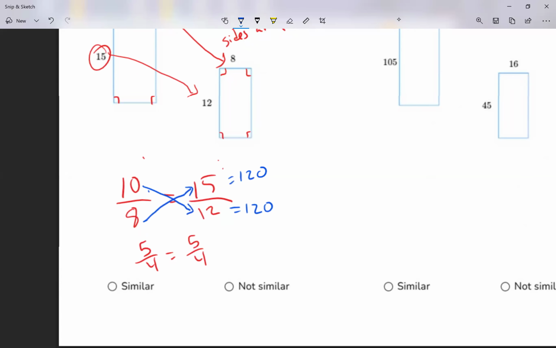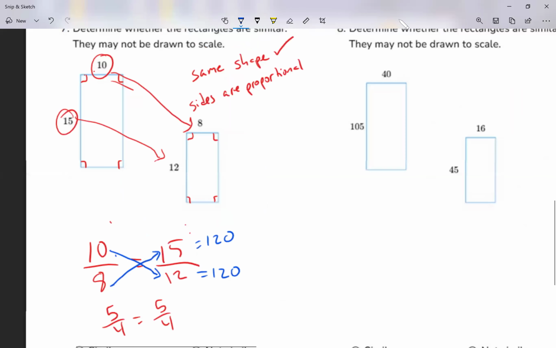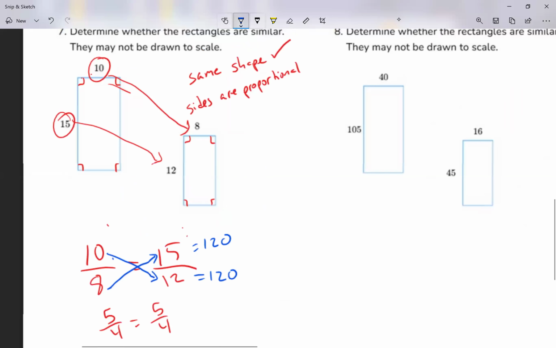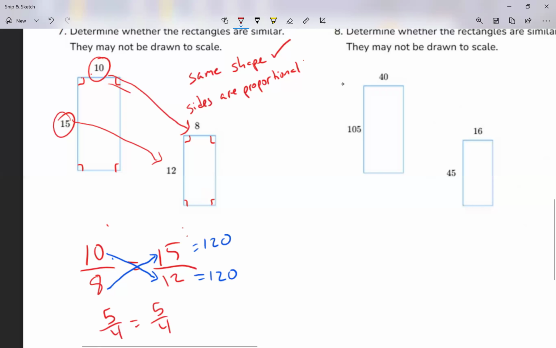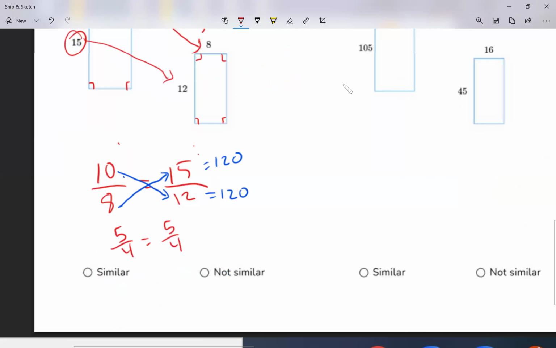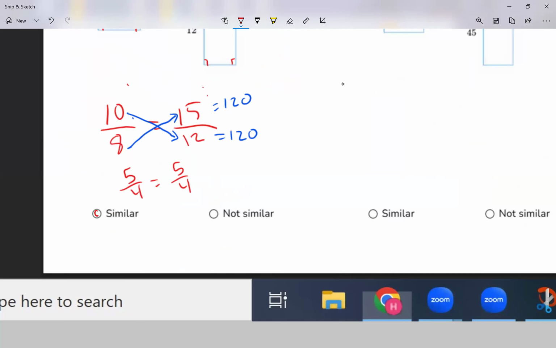If cross multiplication also gives you the same value, then the sides are proportional. Okay, so let's put a check on that. They have the same shape, and the sides are proportional. Therefore, yes, these are similar.